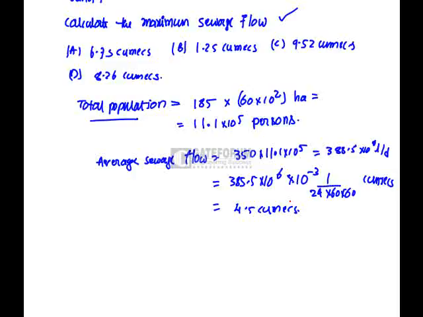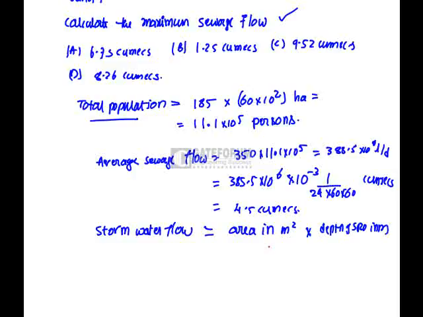Okay, stormwater flow. Here the maximum flow is 50% excess of average, together with the stormwater flow. We know that stormwater flow is equal to area in square meters into depth of runoff in meters, divided by time of 24 hours in seconds.